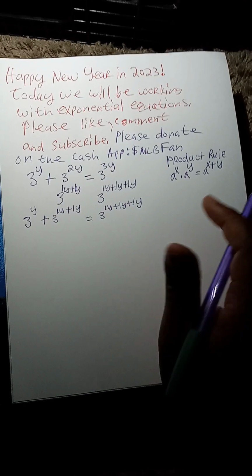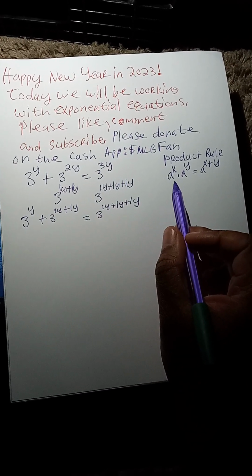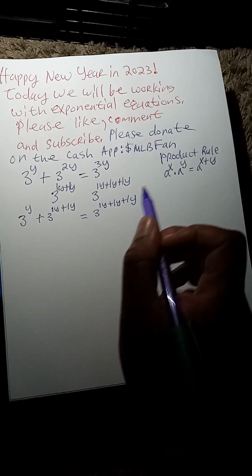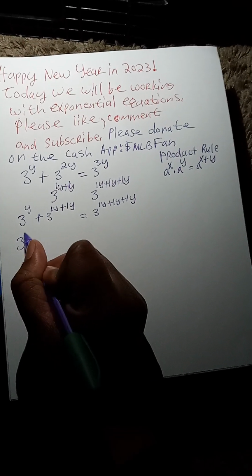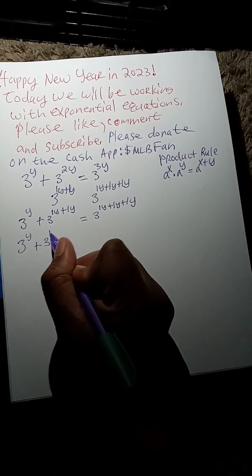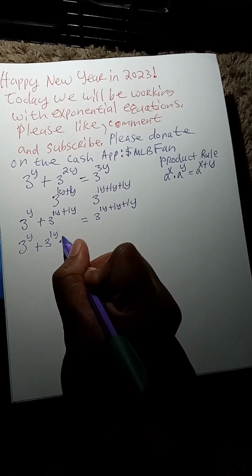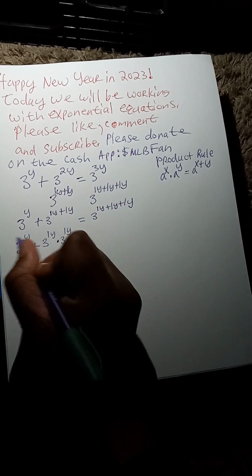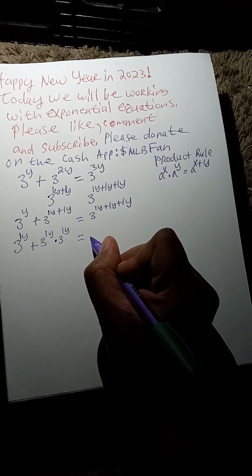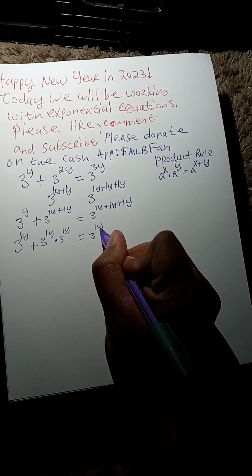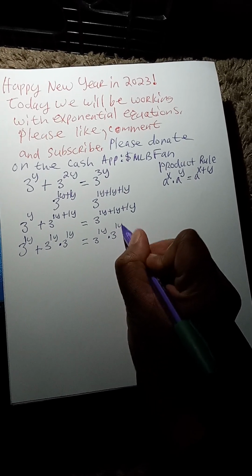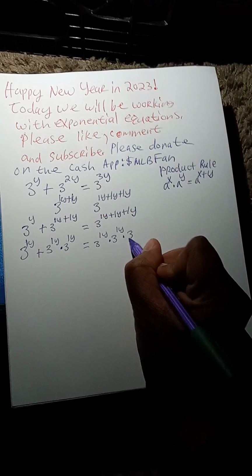Now we want to put it in multiplication form, so we can split it up like this: 3 to the y plus 3 to the 1y times 3 to the 1y, and put a 1 in front of this y as well, equal to 3 to the 1y times 3 to the 1y times 3 to the 1y.